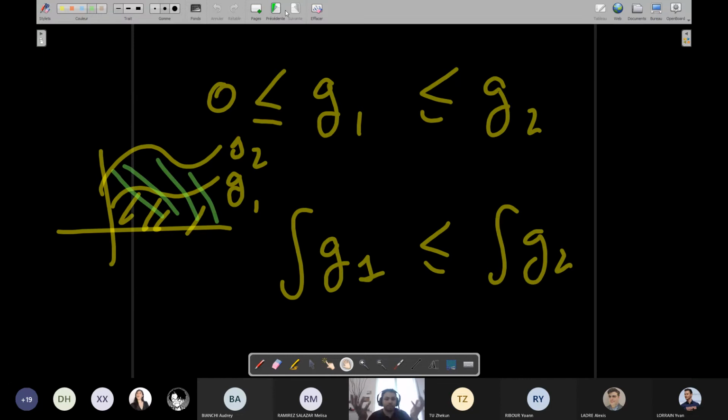You have a random variable that depends on parameters whose values you don't know, but you can compute en moyenne the average of your payoff. So the first property of the expectation was the linearity, the second is the monotonicity, and the last one is the triangle inequality.